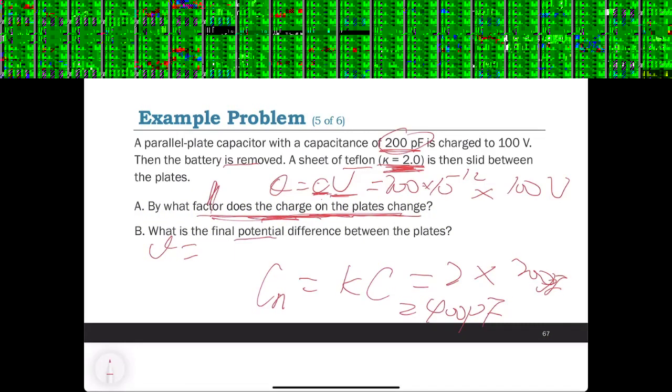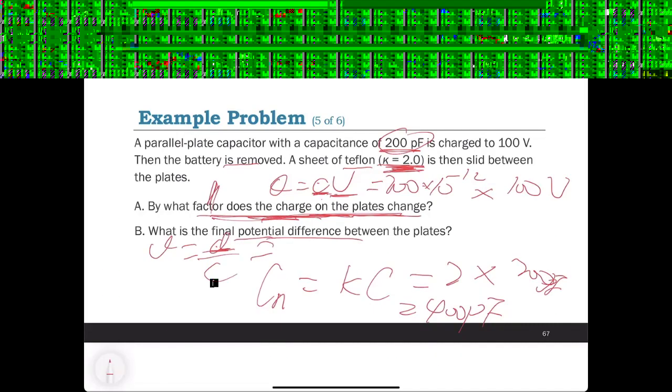The charge will not change. And for the final potential difference, V equals Q over C. Q is the same thing, this one.